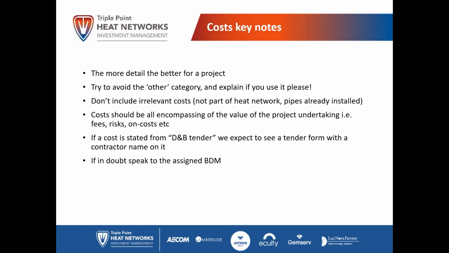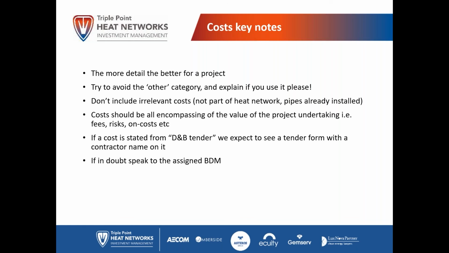It's really important to not include irrelevant costs, which just mess things up and we have to get them taken out. What I mean by irrelevant costs in extremis would be things which would be fraudulent, like a new Daimler for the chairman. But examples of things: we can't fund things that have already happened, so pipes that have already been installed, or things that aren't part of the heat network in general.